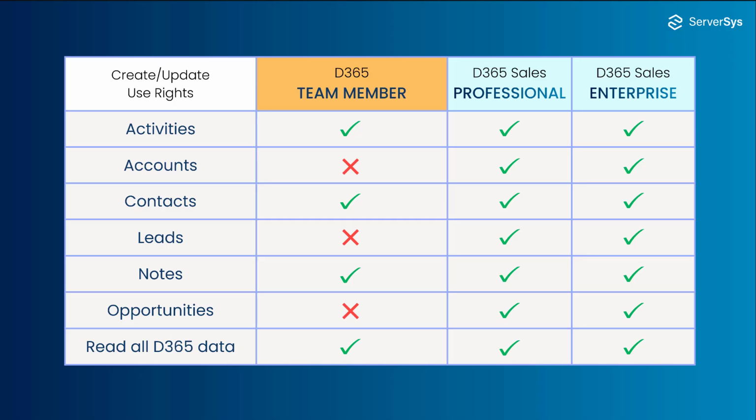Not to be confused with Microsoft Teams, the Team Member license is priced at less than 10% of the cost of the Sales Enterprise license, which makes it ideal for people who want to view data in a lightweight Dynamics app and complete administrative sales tasks, but don't need to manage accounts, leads, or opportunities. These licenses are often a good fit for managers and execs who want visibility into a sales pipeline but don't need to be an active CRM user themselves.